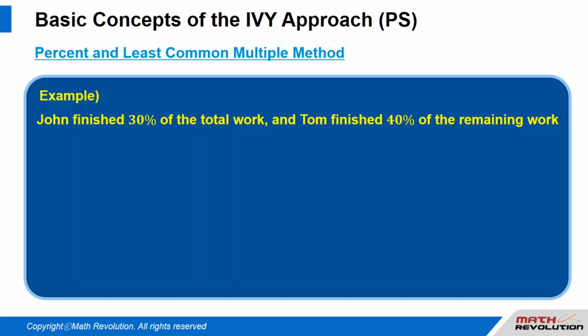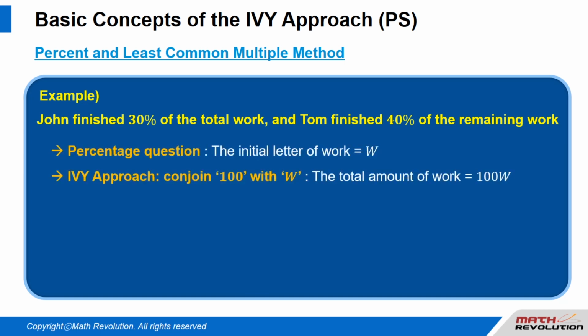For example, John finished 30% of the total work, and Tom finished 40% of the remaining work. This is a part of a percentage question. The initial letter of work is W, and the IV approach conjoins 100 with W. So we get 100 times W as the total amount of work.